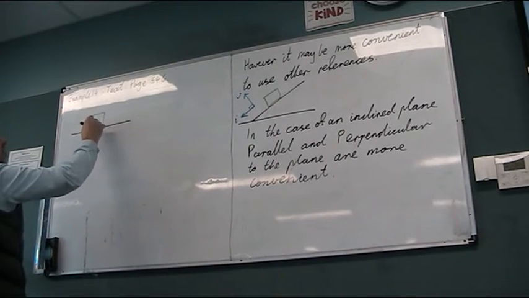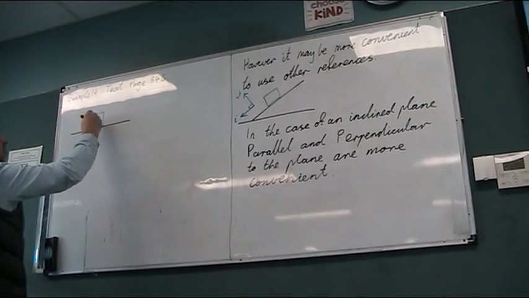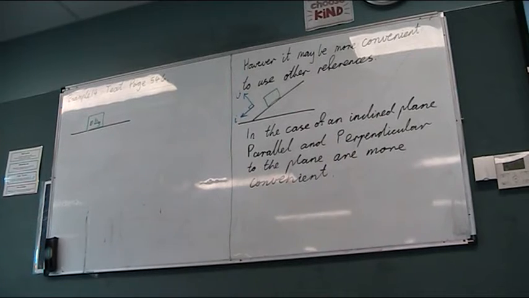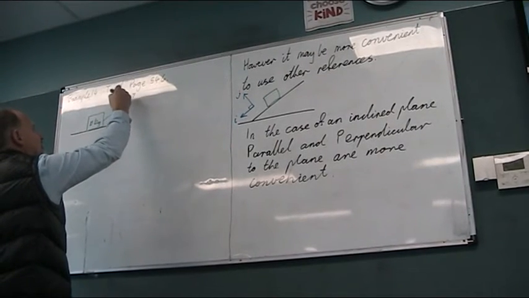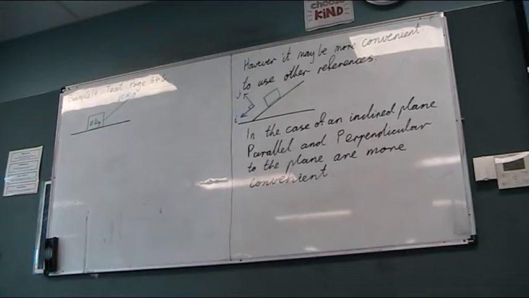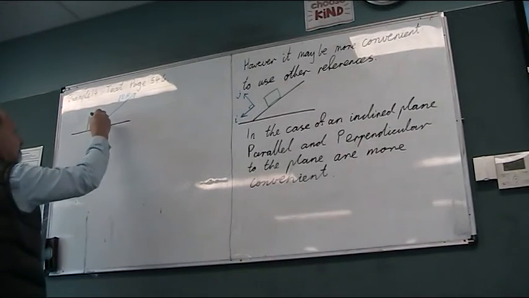So there's our block, 10 kilos, by a force of 10 Newton, inclined at 30 degrees to the plane.